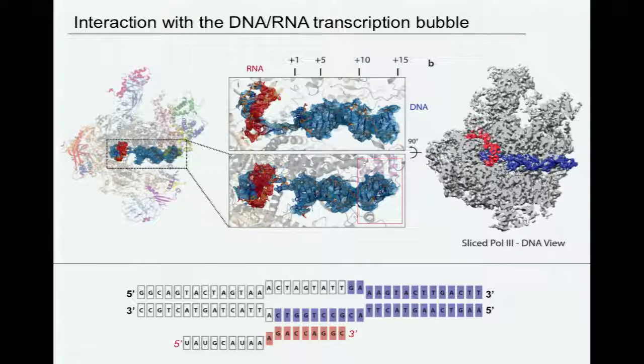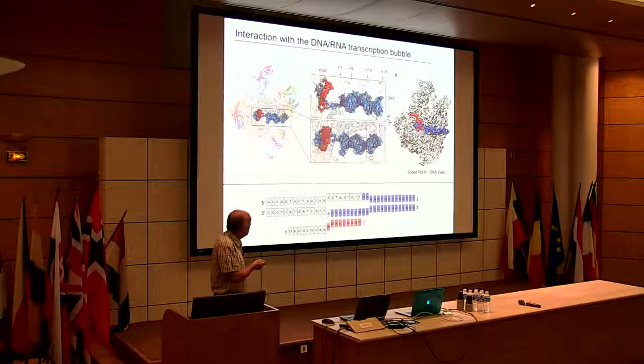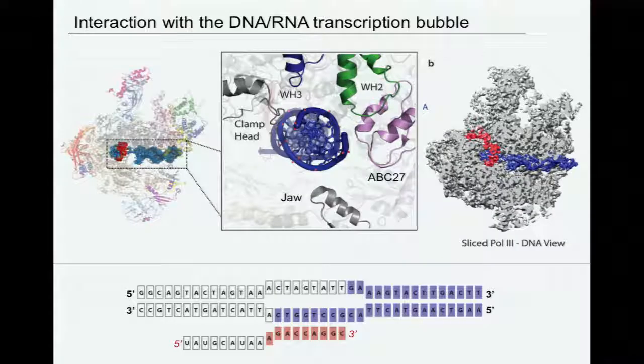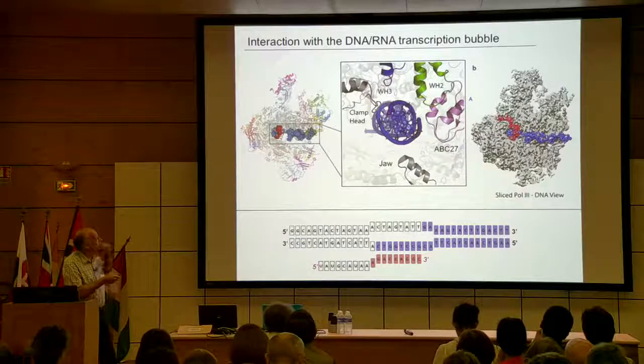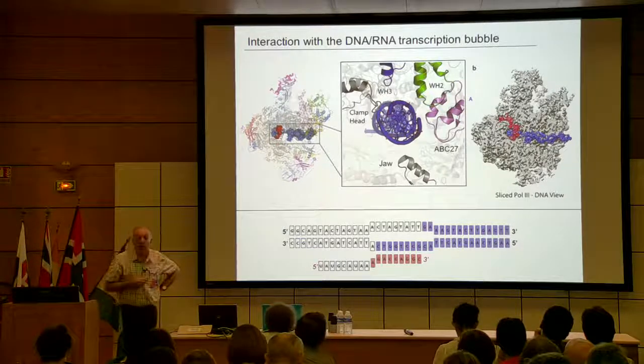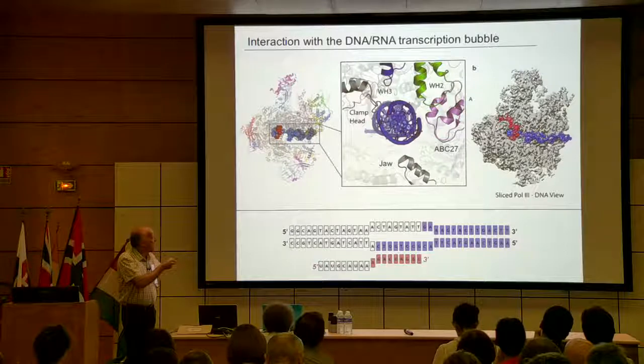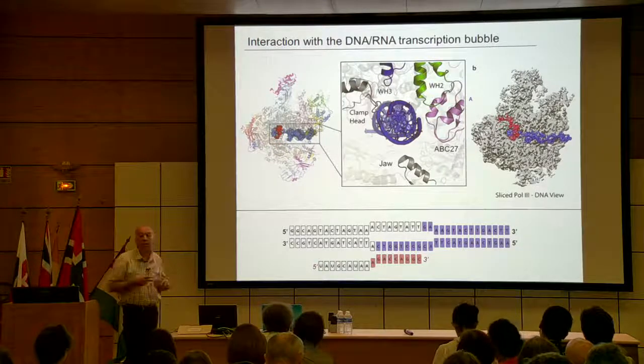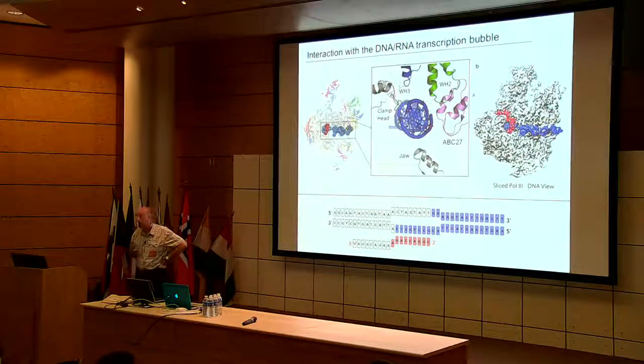One thing we noticed is that the downstream DNA in RNA polymerase III is extremely tightly bound and is very well ordered. And the reason for that is that it is enclosed by different regions of the RNA polymerase III. So from this clamp and jaw from the large subunits, but then importantly also extensions from these TF2E-like factors, these winged helix domains, they reach down and they enclose the DNA duplex, and we think this is functionally important.